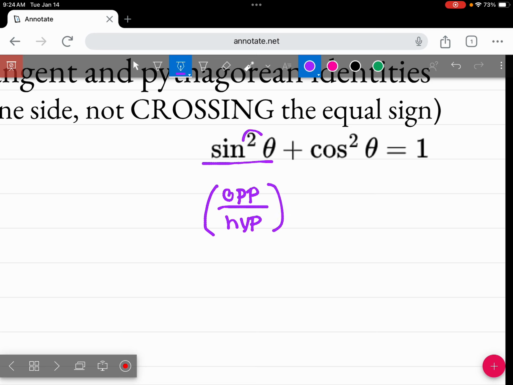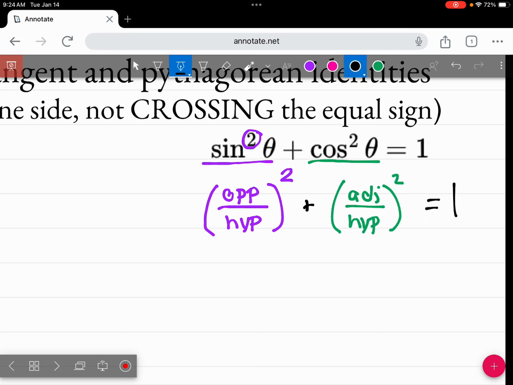But our whole sine here is being squared. So it's opposite over hypotenuse squared. Plus our cosine squared, which I can write as adjacent over hypotenuse quantity squared equals 1. Right.